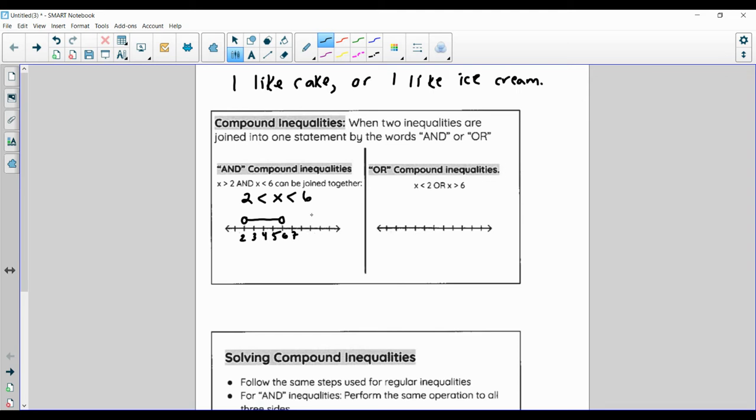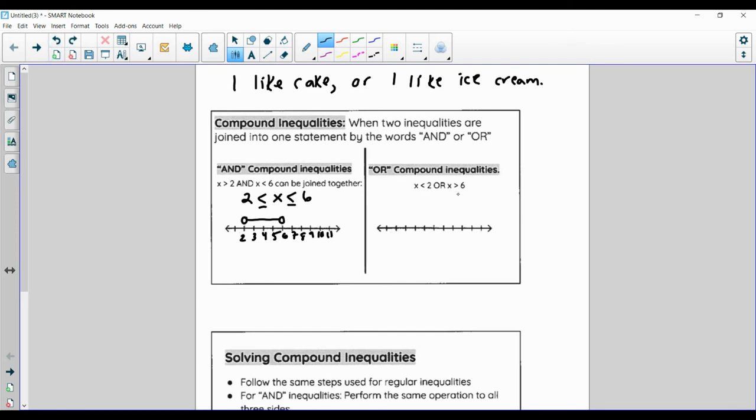We wouldn't have any of the line go out here because numbers like 8, 9, 10, and 11 are not less than 6. Only these numbers are solutions. I like to say it kind of looks like a barbell, like those things you pick up and put down at the gym. So the graph should look like that. If it had been equal to symbols, please note that we would close the circles.